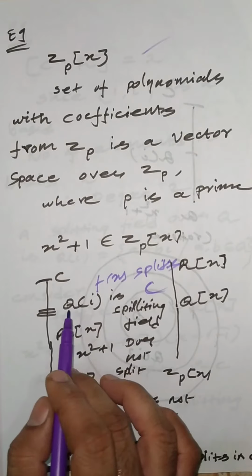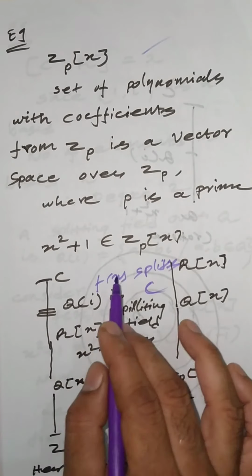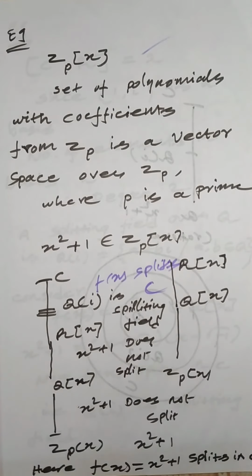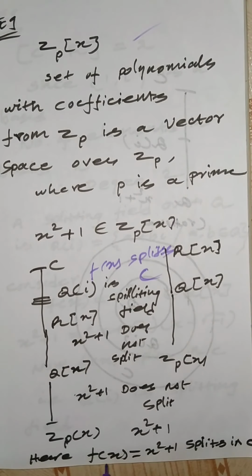Here f(x) splits in C. So Q(i) is a splitting field. Only here the field splits the polynomial. So here Q(i) is called the splitting field of f(x). Finally, hence f(x) = x square plus 1 splits in C.